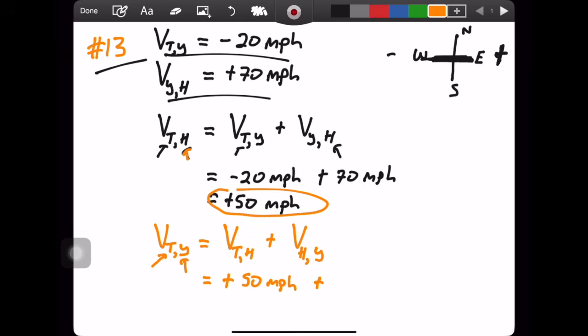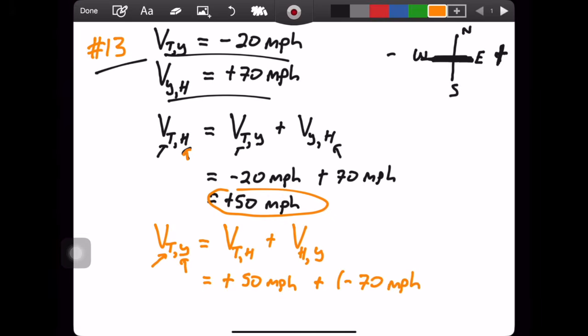And then think about the velocity of the highway with respect to you. We think that we're stationary in our car, even though we're going 70 miles an hour to the east, which would be positive 70 miles an hour. We think we're just sitting there, and we think the highway is going 70 miles an hour to the west. So it would be minus 70 mph.